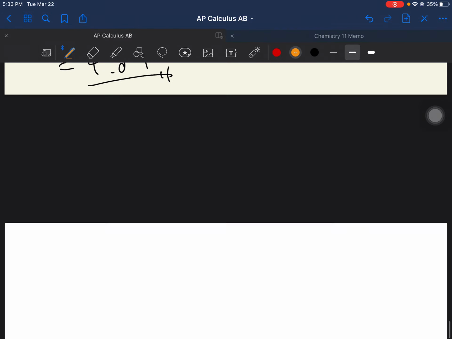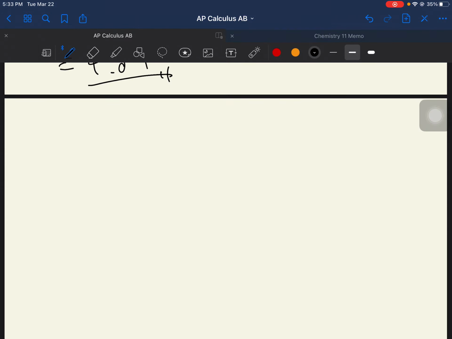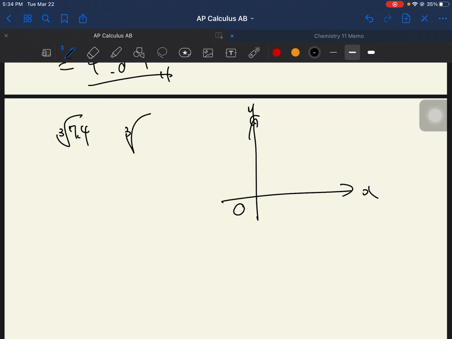Let me work on one more question. So for example, if you have the function third root of 7.4, let me find the value of this one. So first, probably you can easily find the value of third root of 8.